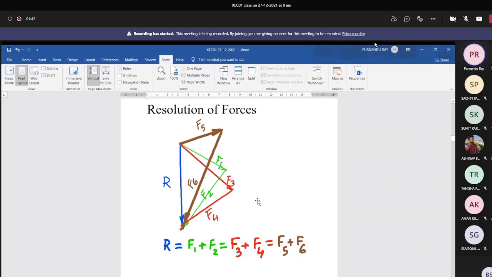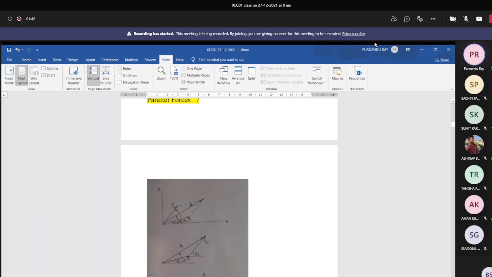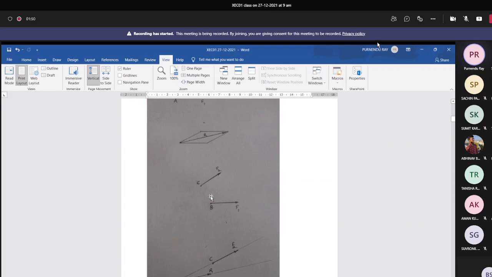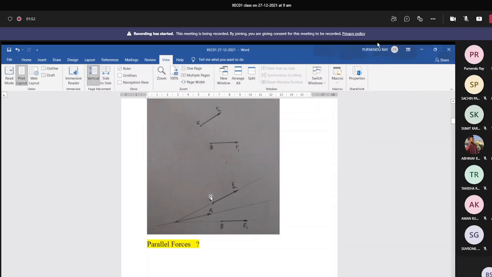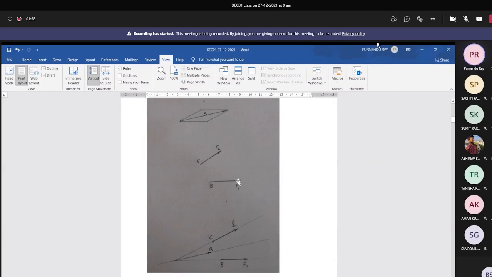Okay. Now, this thing we utilize for this situation. So at B there is a force F1, at C there is a force F2 not inclined parallel to F1. Now we resolve this force F1 in two components.